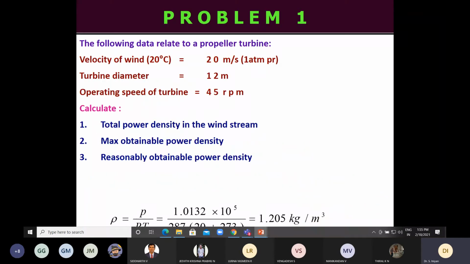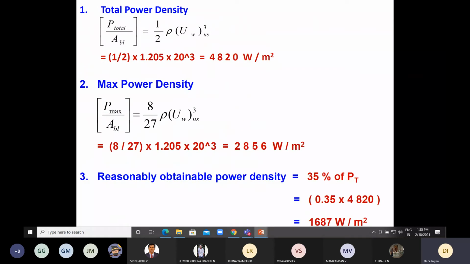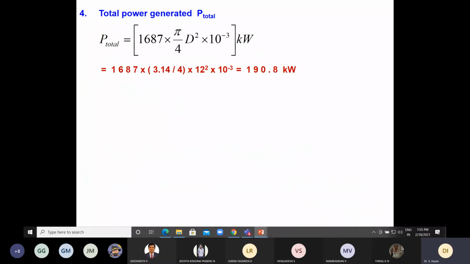So you just note down all the formulas for the calculations. First, note down the formula for total power density, maximum power density and reasonable power density.